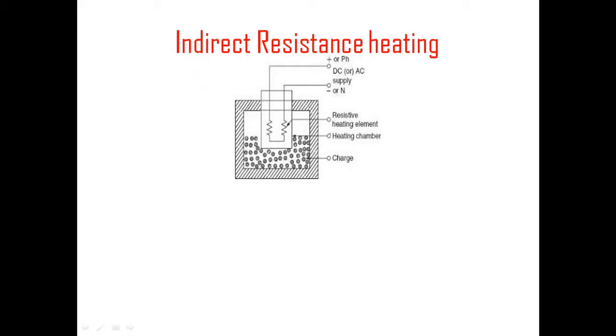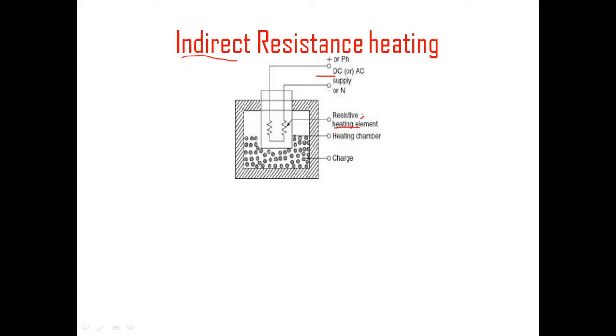Have a look at this circuit here, a furnace. Indirect resistance means, look at the supply. The supply is given to the resistive heating element, and this resistive heating element should have very high resistance, because if you have very high resistance, then the I square R heat conversion will be very high.